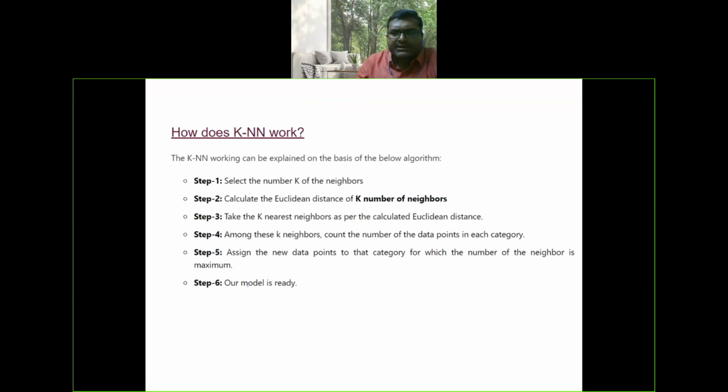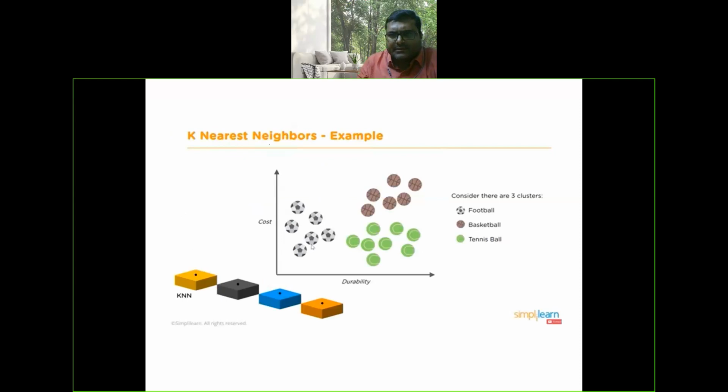Now here, one example with KNN algorithm: football, basketball, tennis ball, their cost and their durability. Here the scatter diagram is plotted based on their cost and durability. Now here these are the footballs, basketballs and tennis balls.